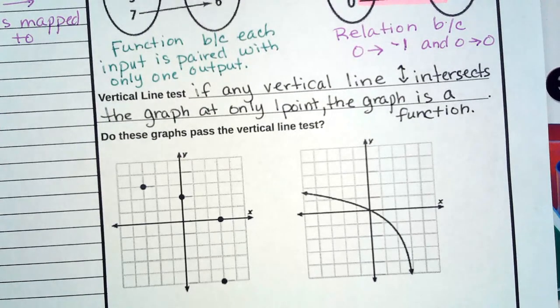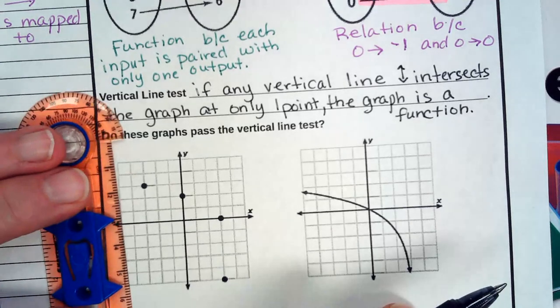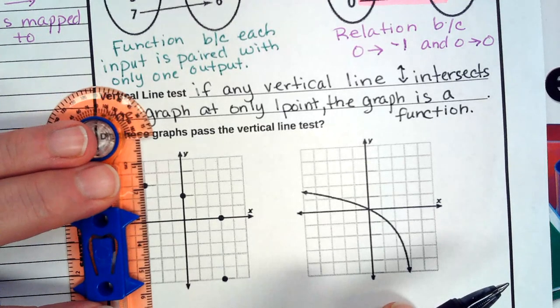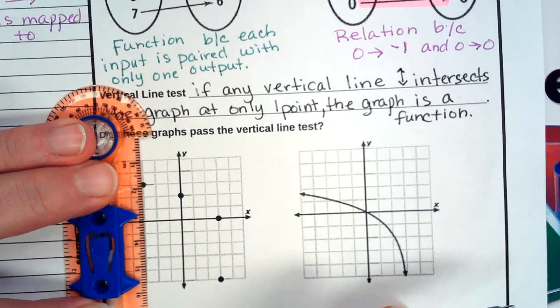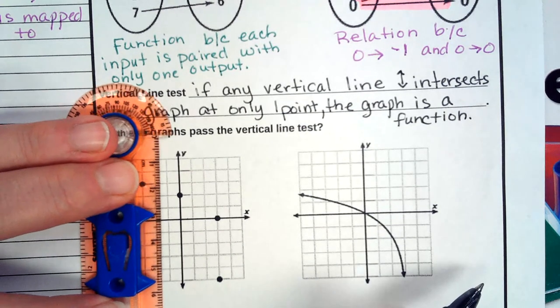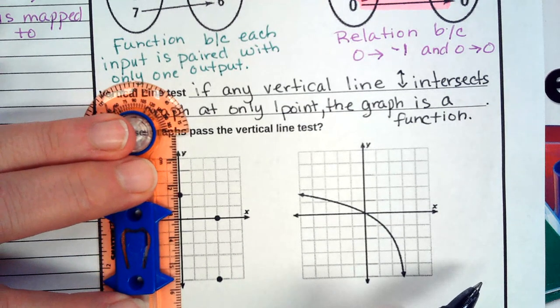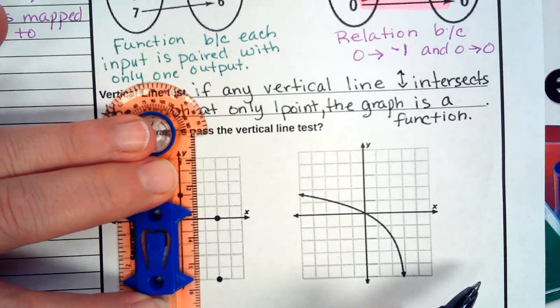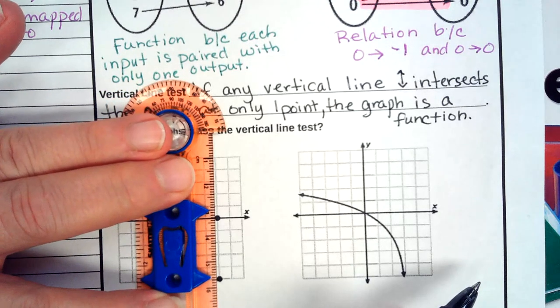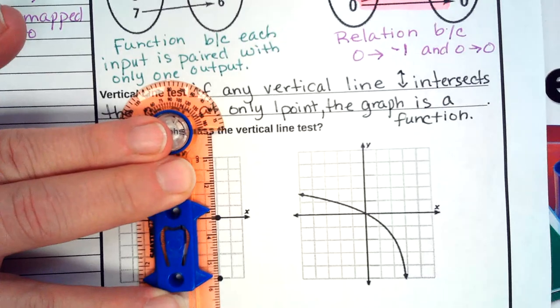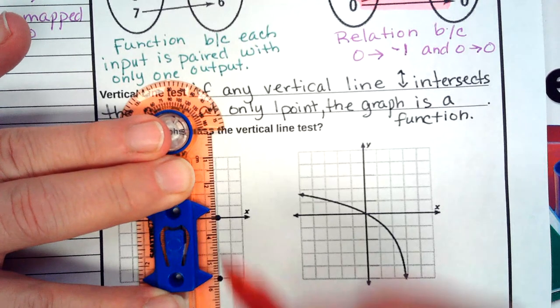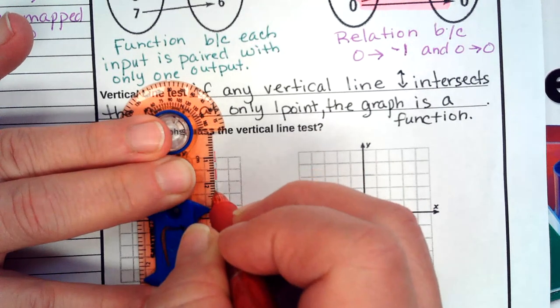Okay, if any vertical line intersects the graph at only 1 point, then the graph is a function. So let's look at these vertical lines. As I go through here, this one only intersects at 1 point. This one only intersects at 1 point. This one intersects at 2 points. That means it is not a function.